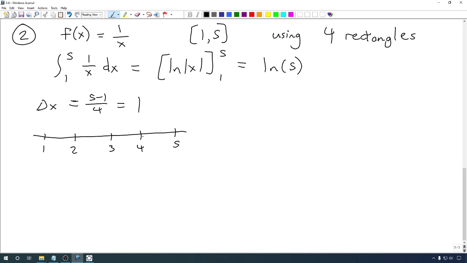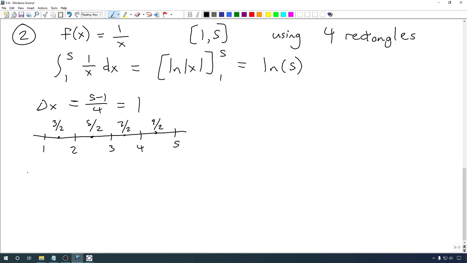These are our subintervals, and basically each of these intervals represents a rectangle. We're going to take our midpoints, so the points right in the middle of all these. Those midpoints are 3 halves, 5 halves, 7 halves, and 9 halves. You could write those as decimals like 1.5, but it'll actually be easier to leave them as fractions in this case.